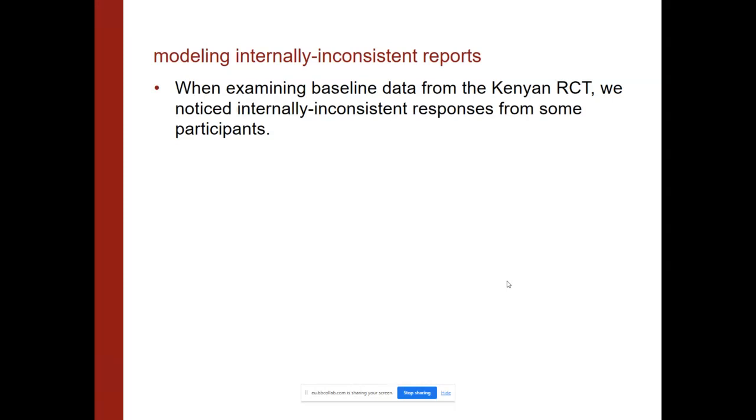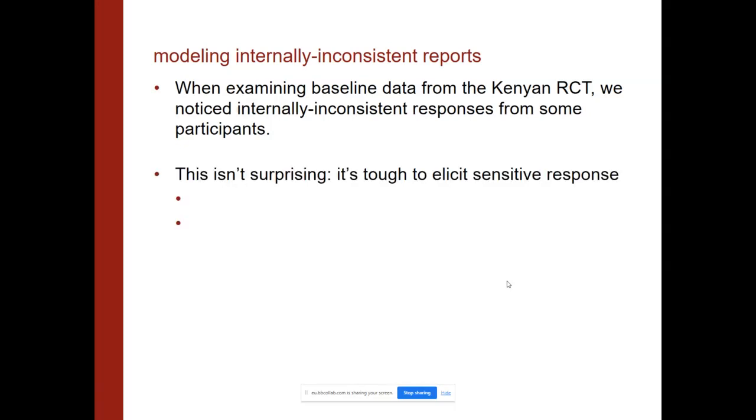After our first period, when we were looking at that baseline data before we had collected the end-line data, we noticed that some of the responses we were getting were inconsistent. If we asked 10 questions about being sexually assaulted, a young girl, like a middle school girl we were working with, might say, I've never been sexually assaulted. And then a couple questions later, she might say, I was sexually assaulted by a neighbor.